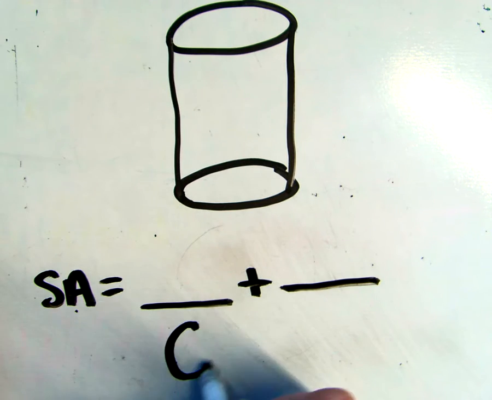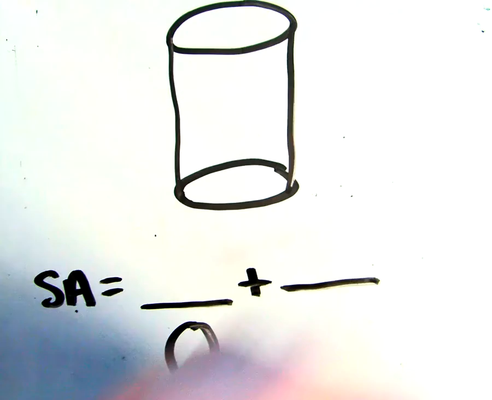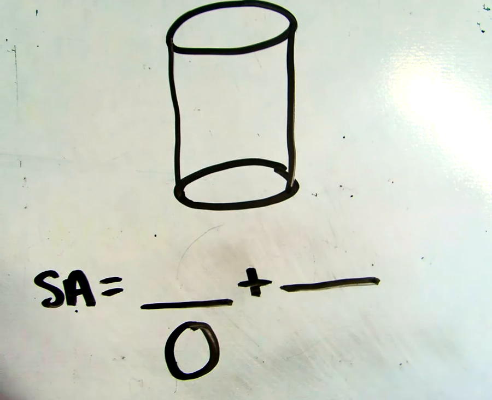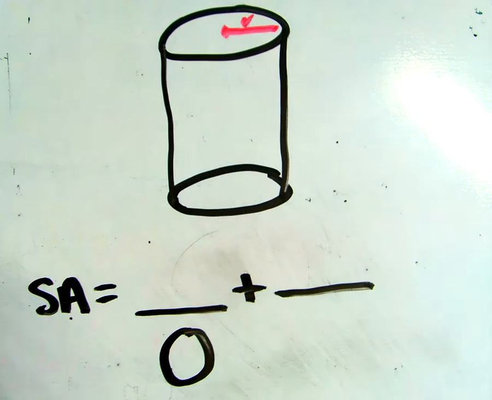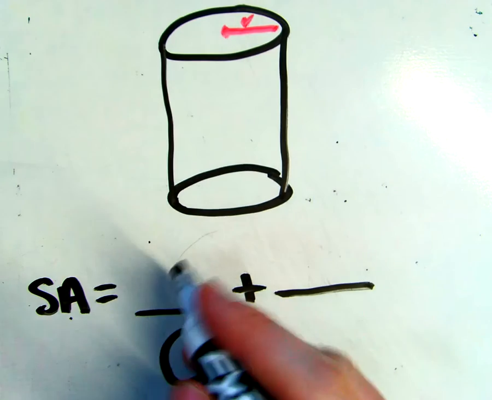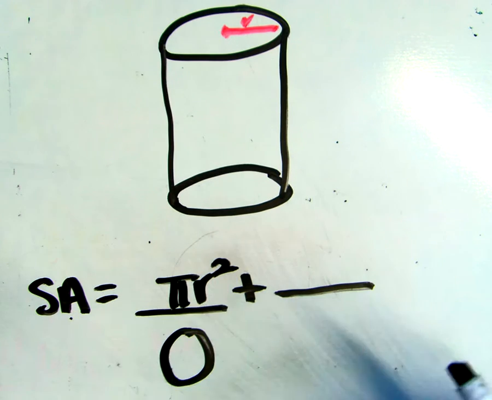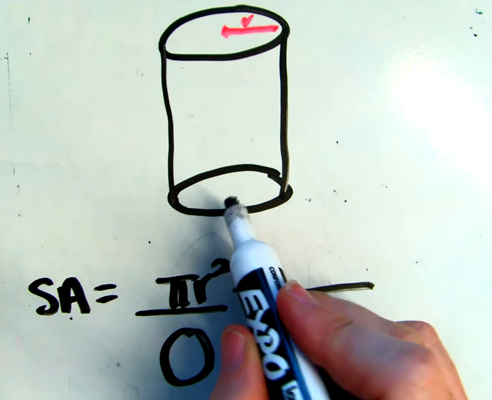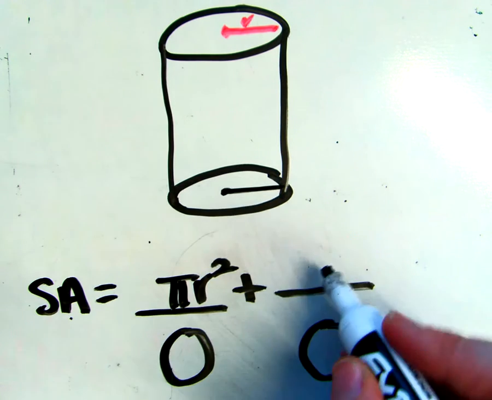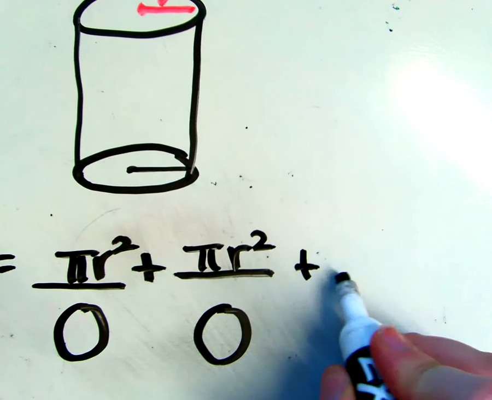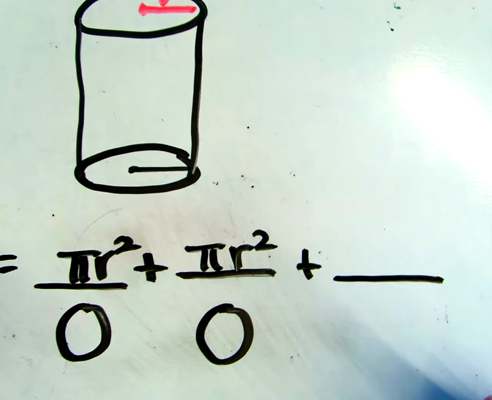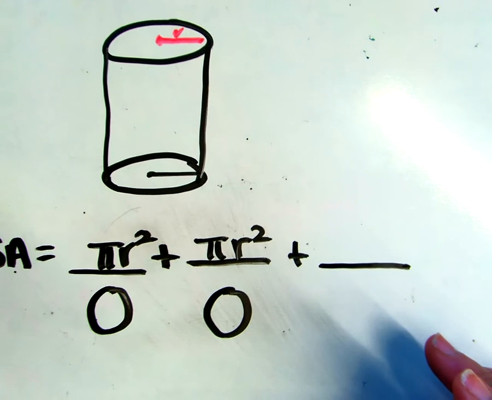We would add the top circle, which, if I knew what r was, I could call pi r squared. And the bottom circle, which has to be the same size, so another pi r squared, plus the can, like the actual wrapping of the can.